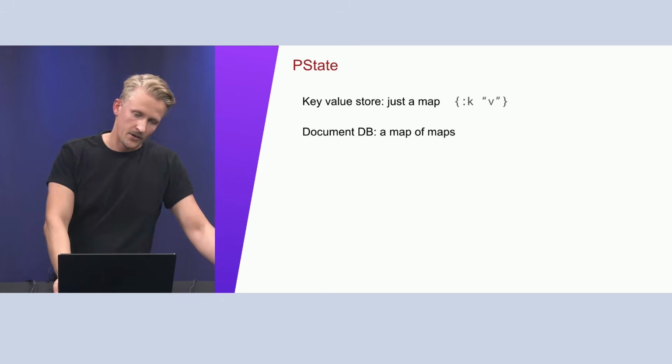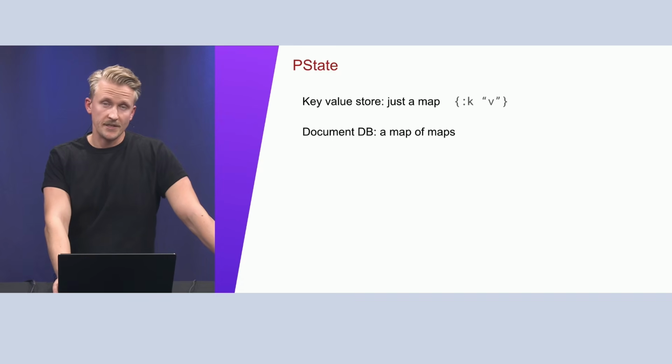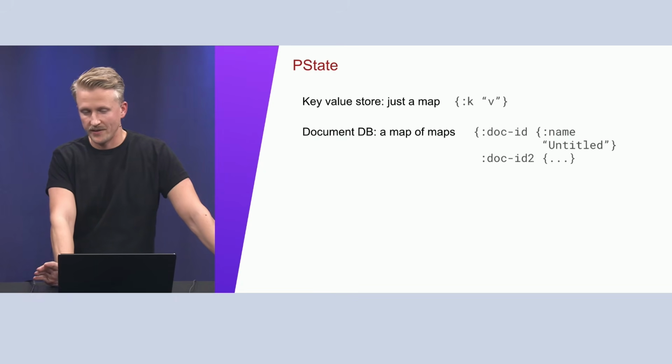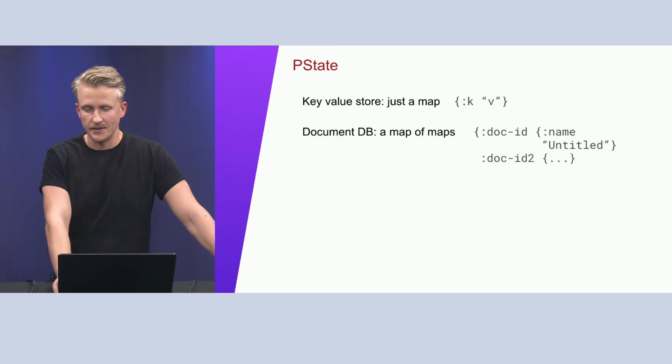If you look at a document DB, it's a map of maps. That's what it is. And the shape of it, we can kind of imagine, would be something like this. It's a document ID linking to the contents of that document.